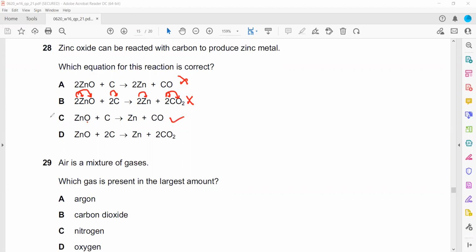So this equation is balanced with all the reagents. Here also one zinc, that is right, but one oxygen and 2 multiplied by 2, 4 oxygen. So this is not balanced. So we just have to check which equation is balanced, and according to the balanced equation, we can work out which reaction will occur.